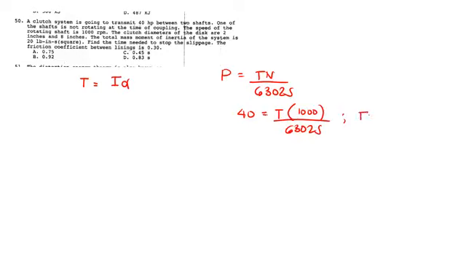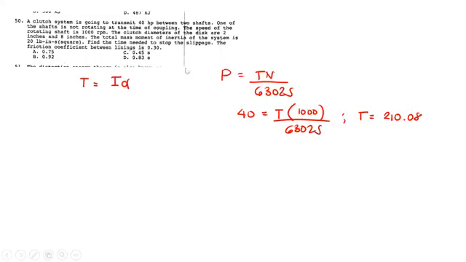Kunin muna natin si torque gamit yung power is equals to Tn over factor 63025. So power is 40 is equals to torque times N, ilan yung N dito? 1,000 over 63025. Then torque is equals to 210.08.